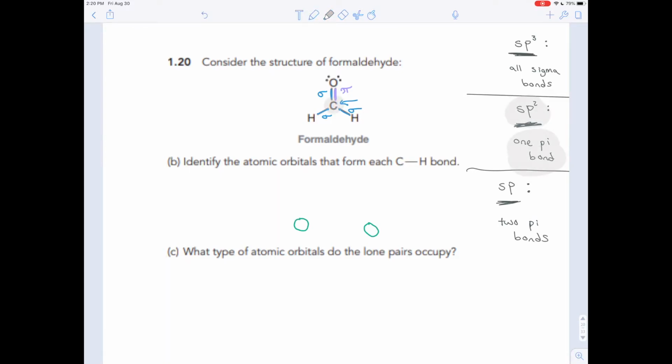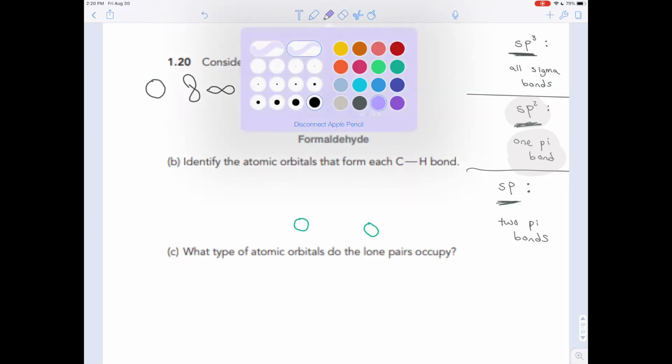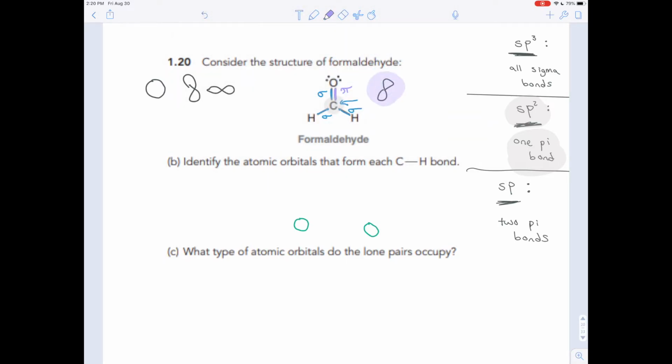That means it's sp2 hybridized, because it has an s orbital and three p orbitals to work with. You need a p orbital in order to form this pi bond, so you only have an s and two p's to mix together, and so you get sp2 orbitals. Now when you mix those together, you get Frankenstein orbitals that look like something kind of in between.